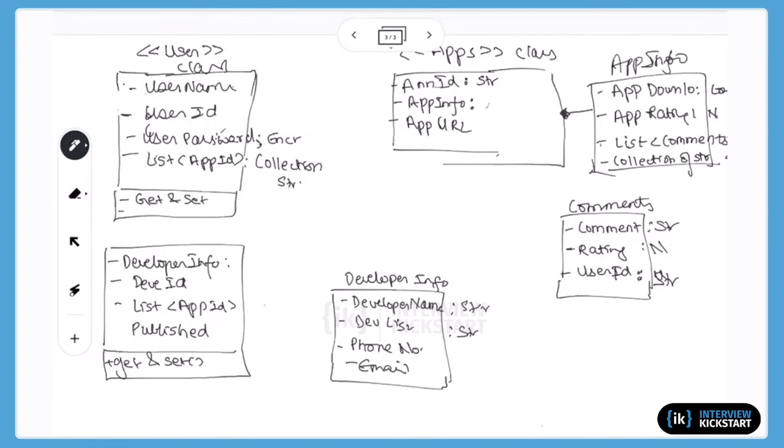Okay. Should I move on to the App Store, the main class? Let me have a quick look. Each app would have an ID and a bunch of information: thumbnails, pictures, videos.